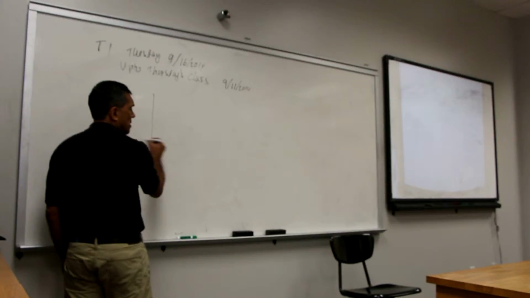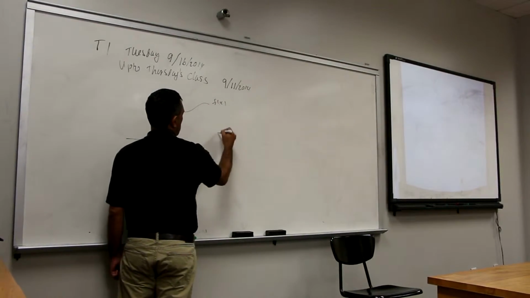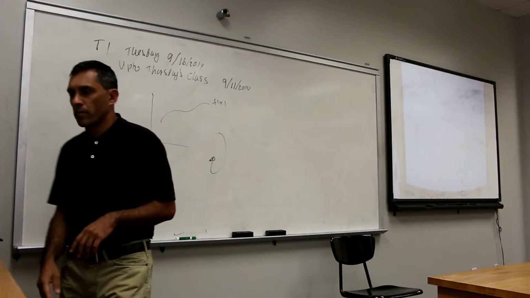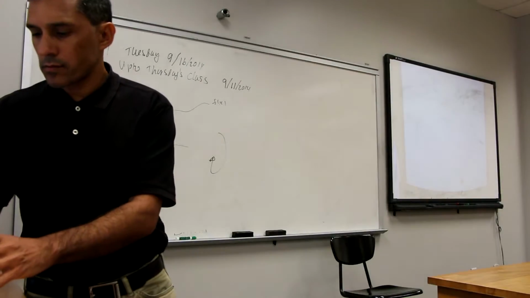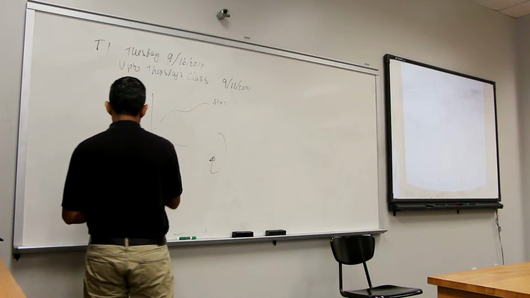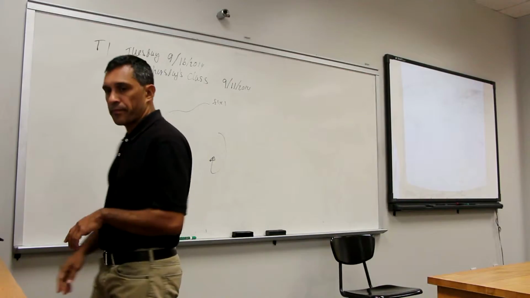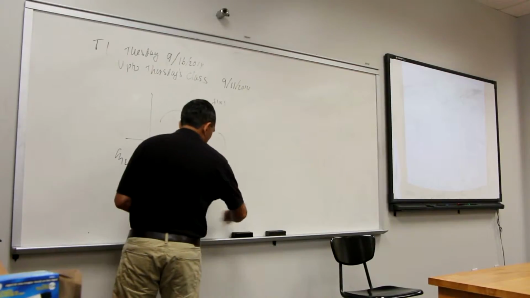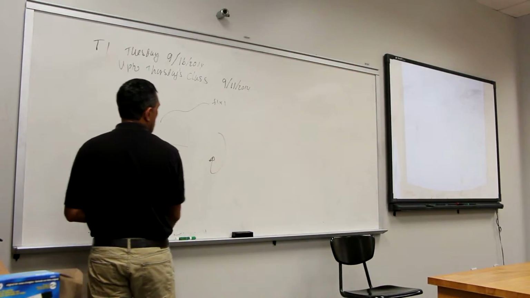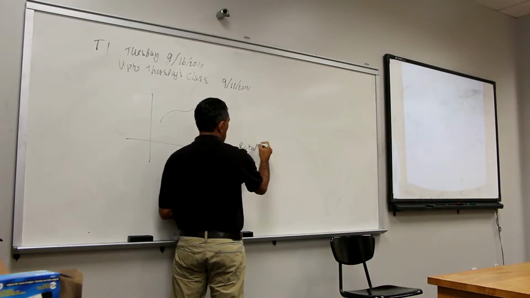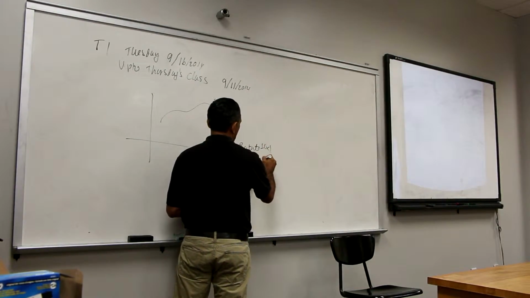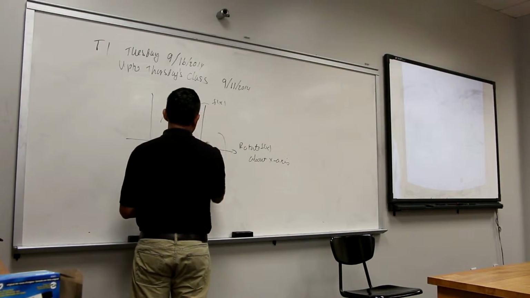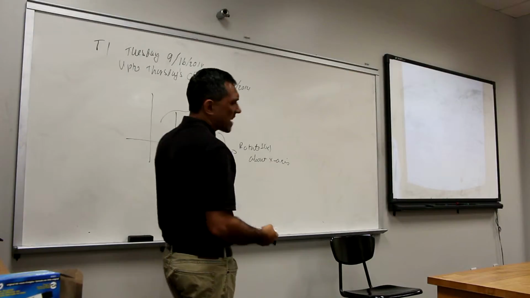You take a curve, f of x, and you rotate it. You rotate that curve between a and b about the x-axis.